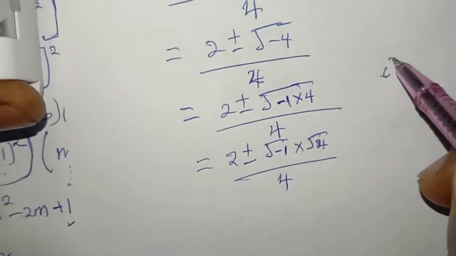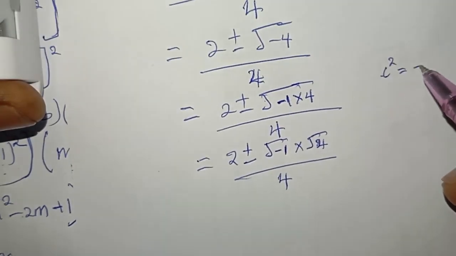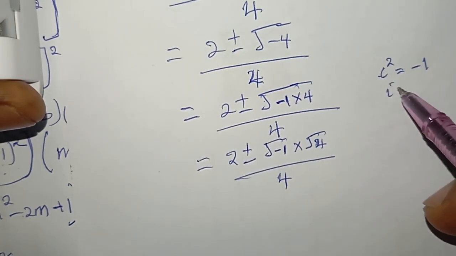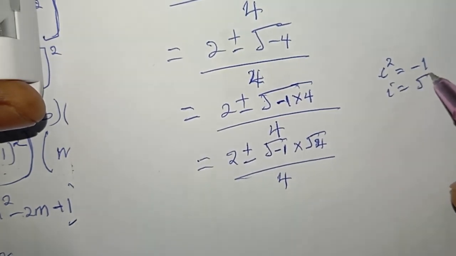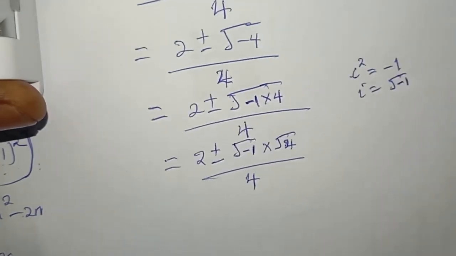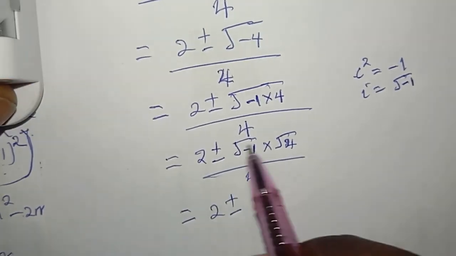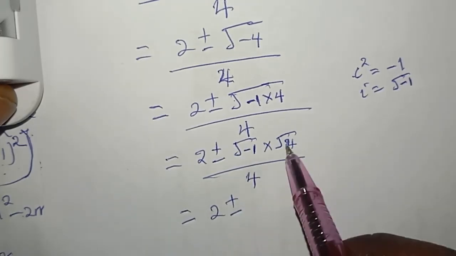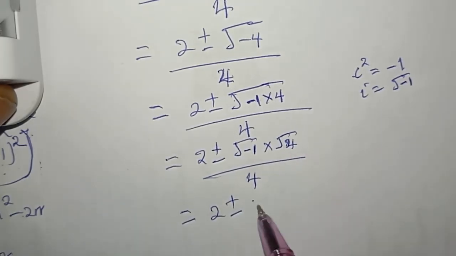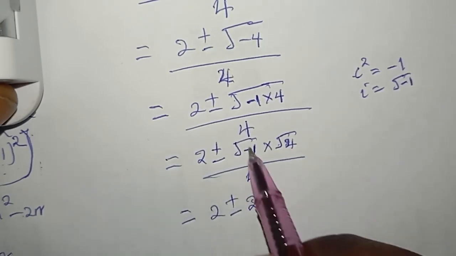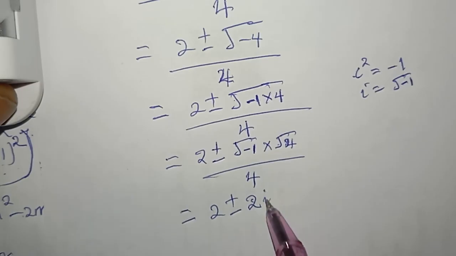Remember that i squared is equal to minus 1, so that i is equal to the square root of minus 1. Utilizing that, what I have here will now be equal to 2 plus or minus, the square root of 4 is 2, and the square root of minus 1 gives us i.